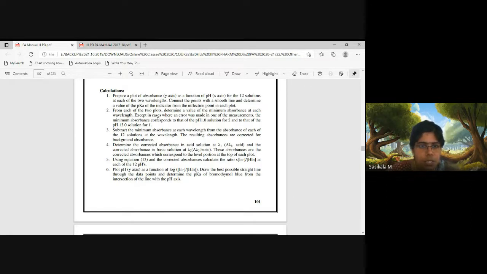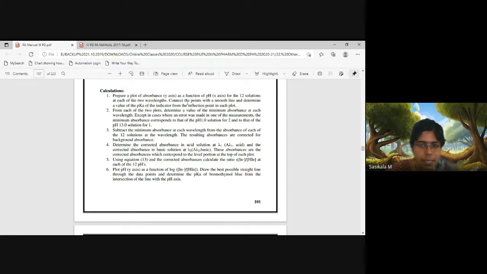For the 12 solutions at each of the two wavelengths, connect the points with a smooth line. Smooth line means with your free hand, not with a scale, and determine the pKa of the indicator from the inflection point in each plot. From that we can find the pKa of the indicator. The two curves will be joining at some place, and that inflection point is taken to calculate the pKa value.